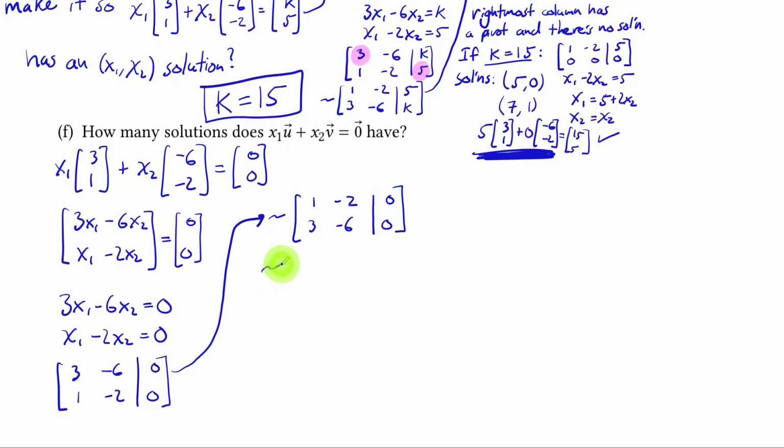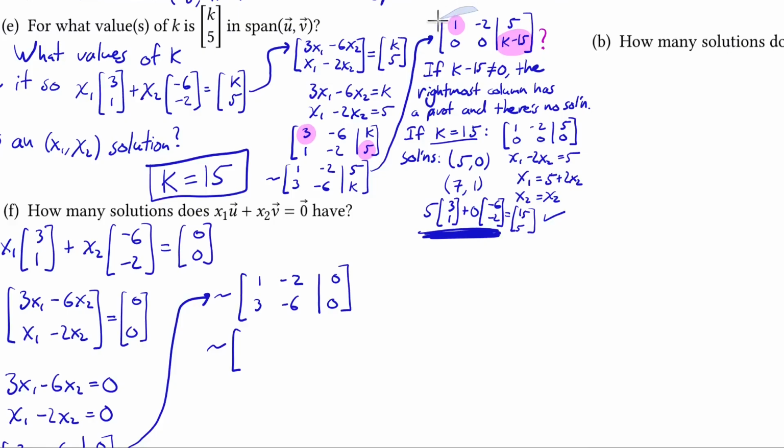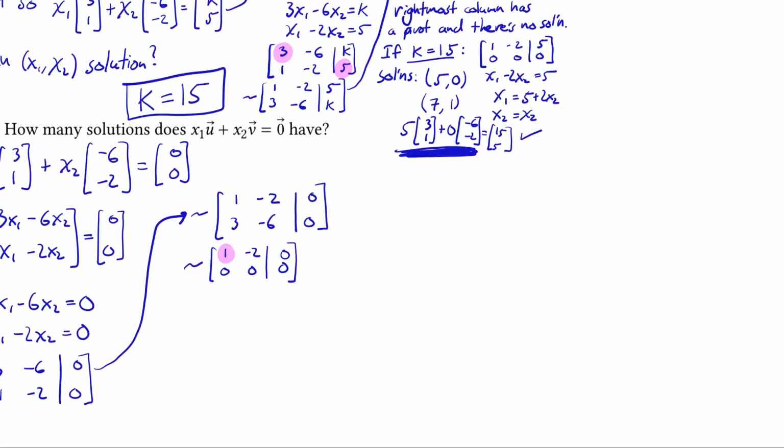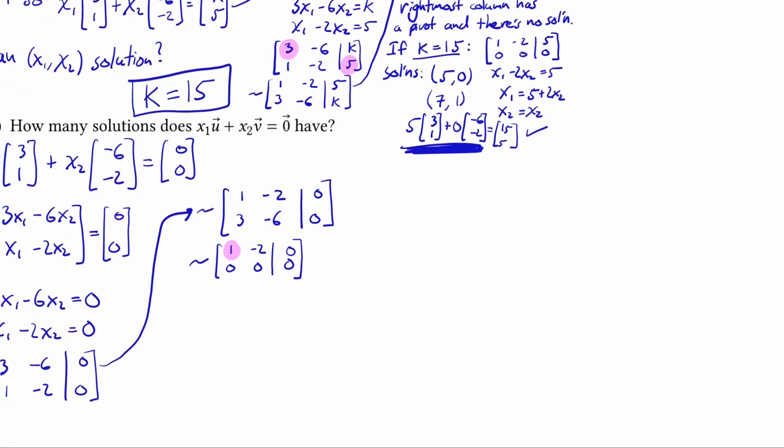So we could just skip all these steps and say, I know it's going to be the same as this result but with zeros over here. Okay, and there it is in reduced echelon form. According to Theorem 1.2, there are no pivots over here, so it's consistent.